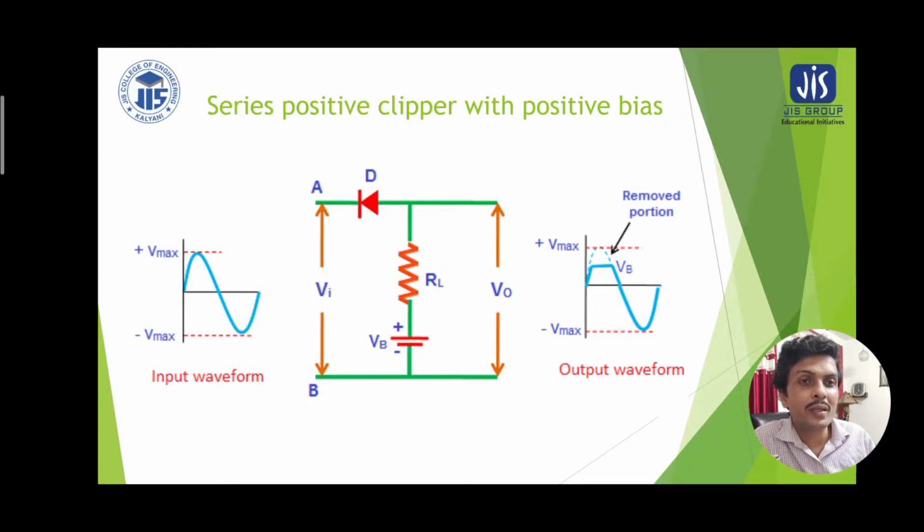It will be completely proportional to the input signal. So output is proportional to input whenever the input is less than VB by at least the amount of the cut-in voltage.